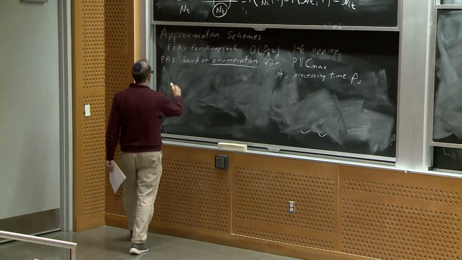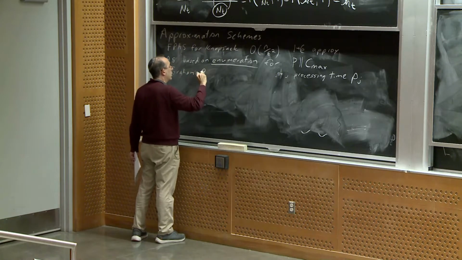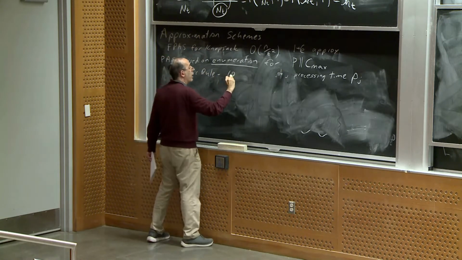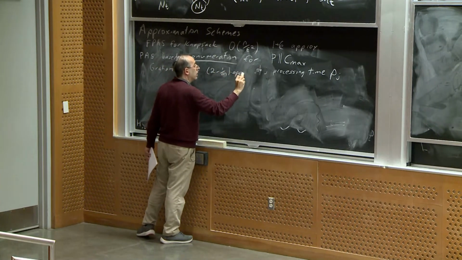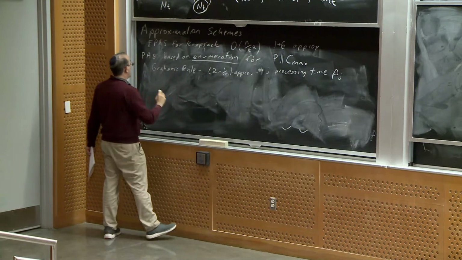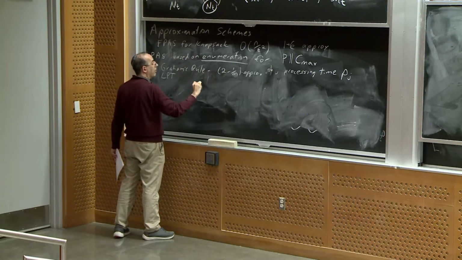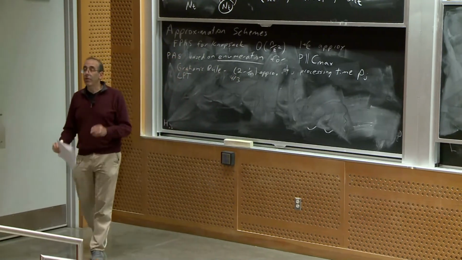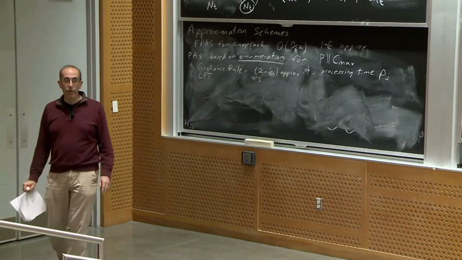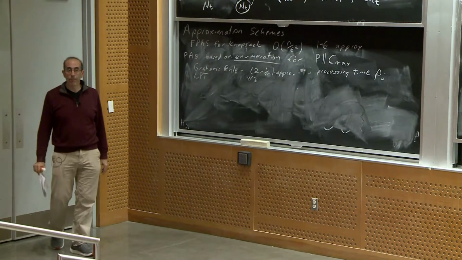Remember, we have Graham's rule, which is a 2 minus 1 over m approximation. And I mentioned that longest processing time first is a 4/3 approximation. But I didn't prove it to you because we're going to blow right past that 4/3 and get a 1 plus epsilon approximation using this enumeration technique. Okay?